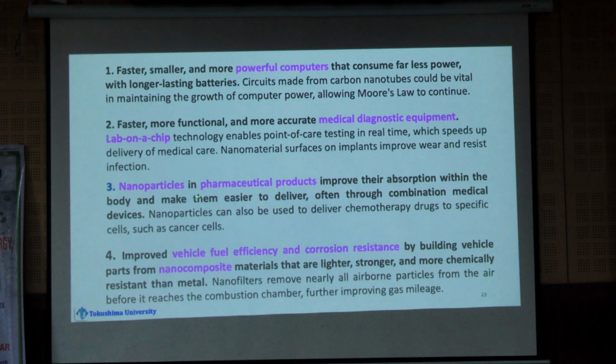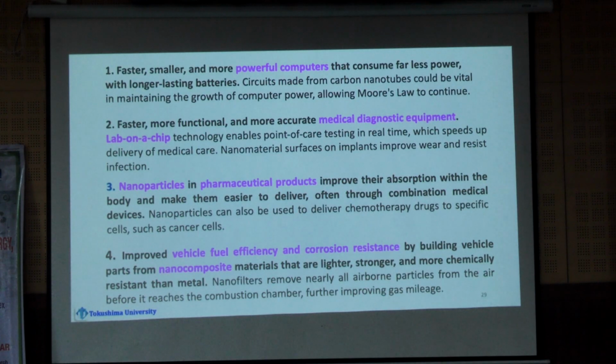The third is pharmaceutical. In medicine, maybe there are already nanoparticles used in various medicines. So medicine is one of the fields where we make tablets to give to the patient.